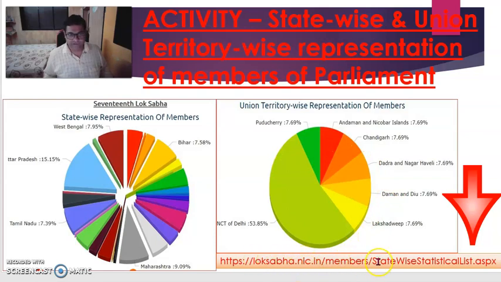The link is given in the description below. I want you to click on this link, go to the website and find out all this information. Then write this in Google Classroom and also in your book. Draw this chart also, both the charts: state-wise representation of members and union territory-wise representation of members. Okay, thank you.